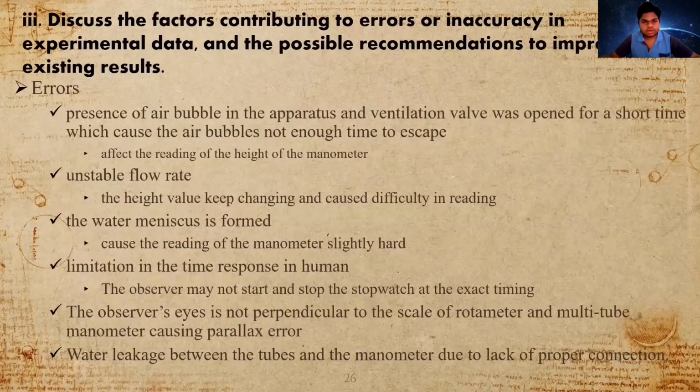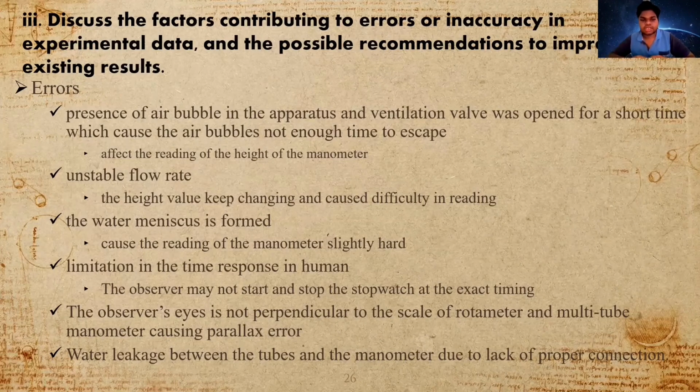And for discussion number 3, discuss the factors contributing to errors or inaccuracy in the experimental data and the possible recommendations to improve the results. Some of the errors are, first of all, the presence of air bubbles in the apparatus, as the ventilation valve was open for only a short period of time, which caused the air bubbles to not have enough time to escape.